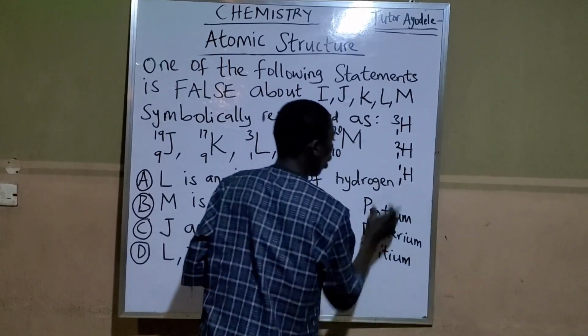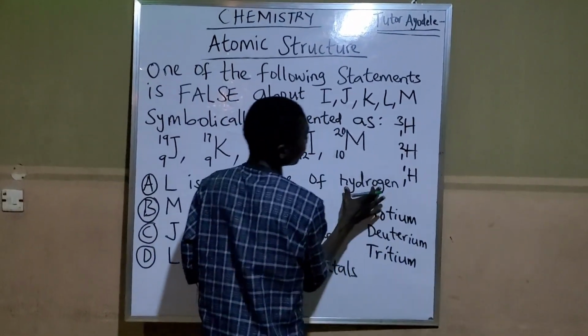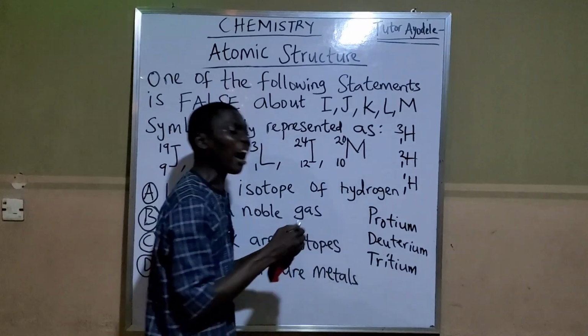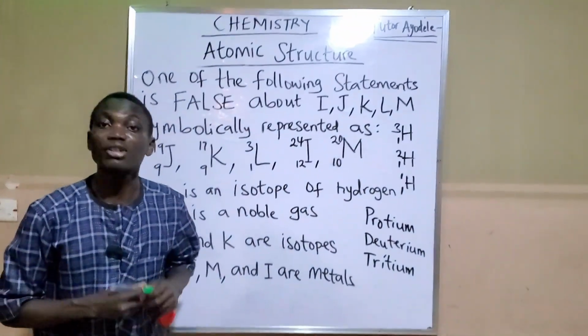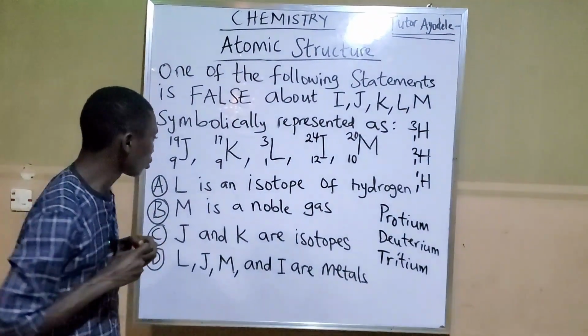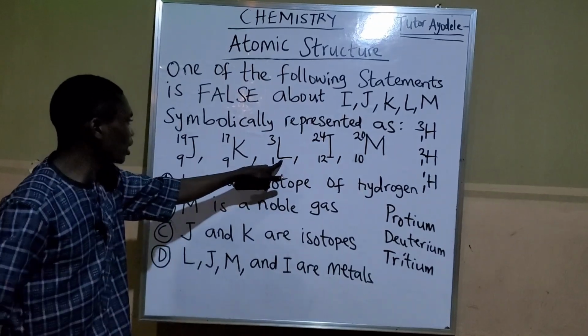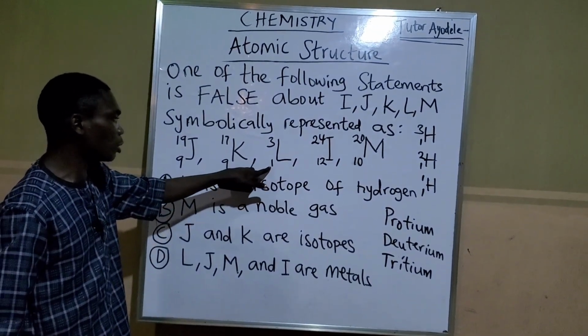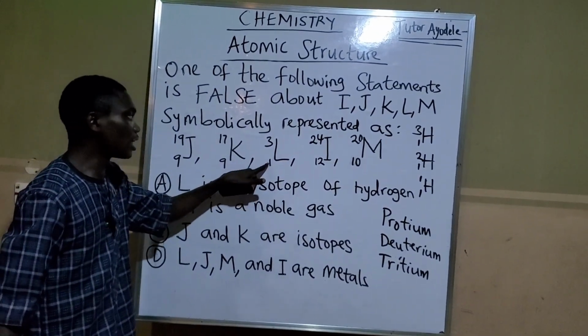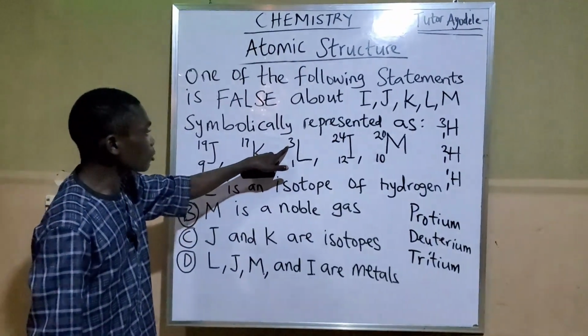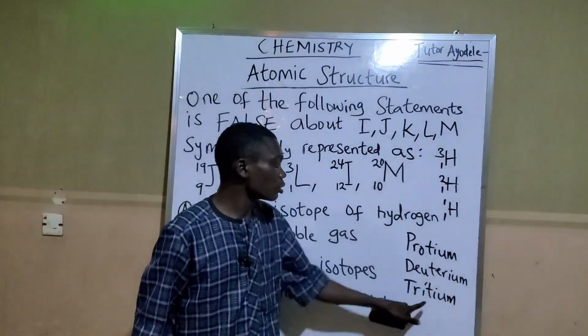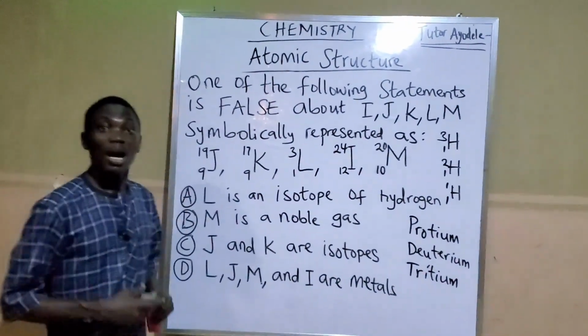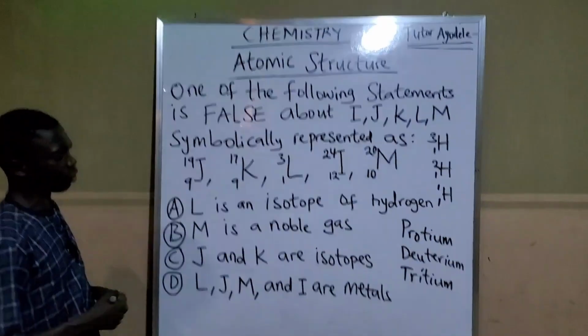All of them are still hydrogen. They are referred to as isotopes of hydrogen. So this one is correct because it has atomic number of 1, which tells us that it is hydrogen, but the mass number of 3 is called tritium. So it's an isotope of hydrogen. That one is correct.